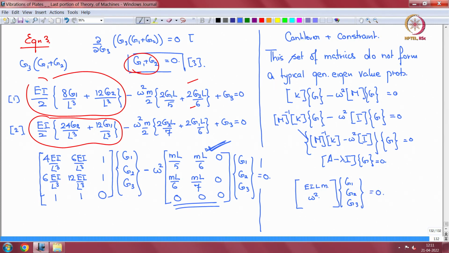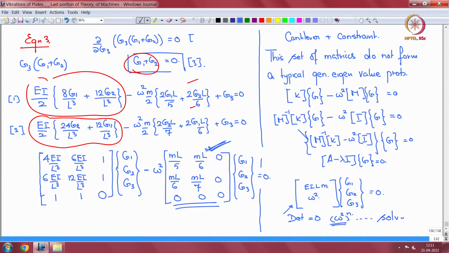Okay. Then you can set the determinant to 0, then it will be a polynomial in omega square still. Then you can solve it or look for zero crossings.